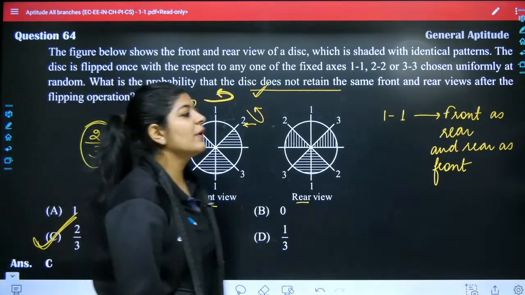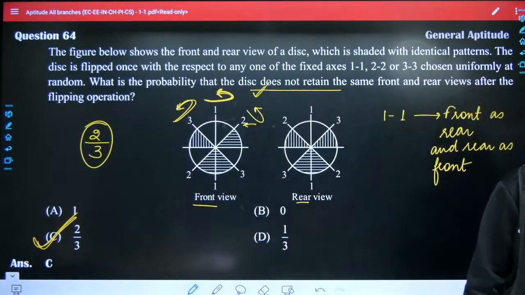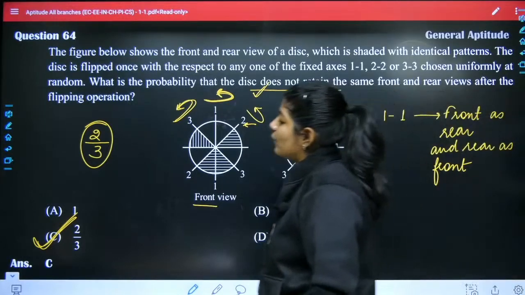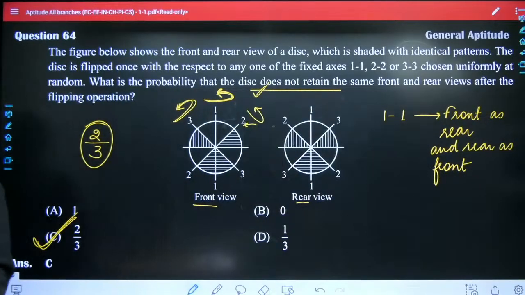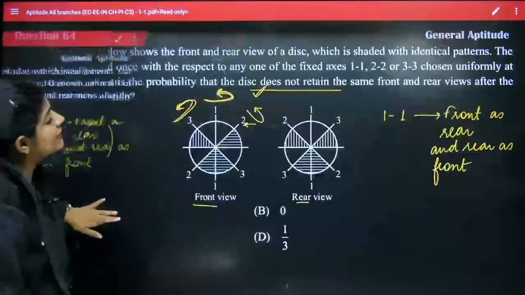This is a question where we do not need to use a pen. Is it clear? Now let's move to the next question.